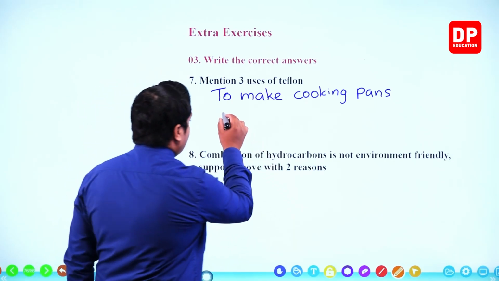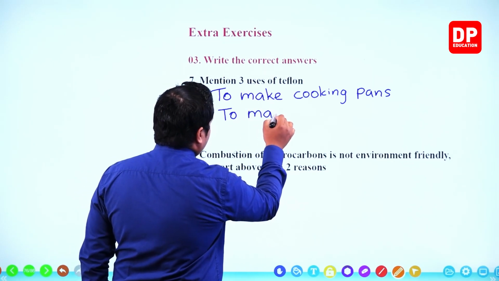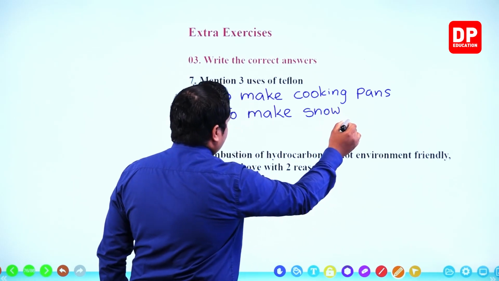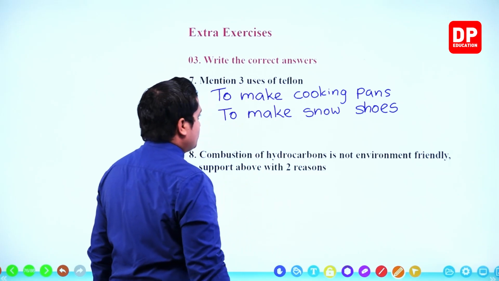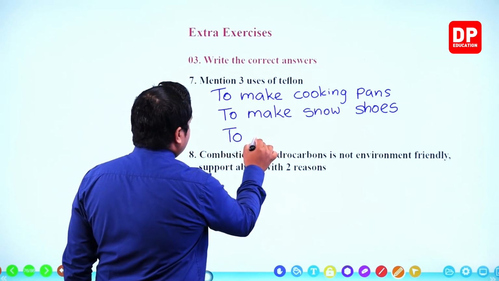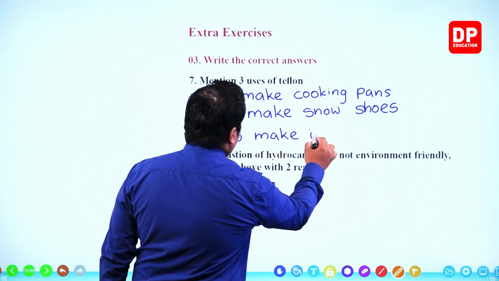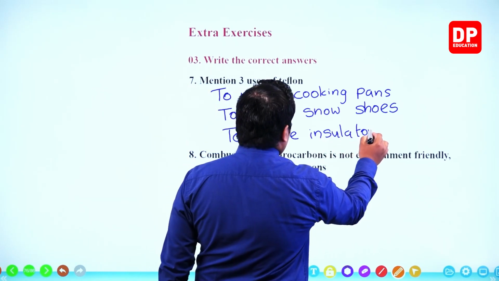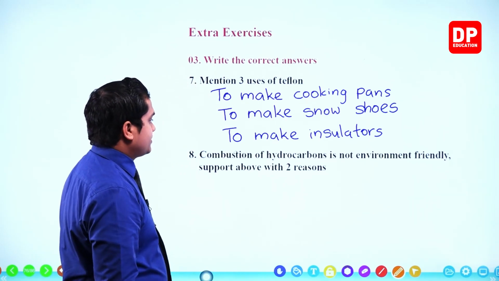Then the next one, snowshoes. To make snowshoes. Then, my dear children, to make insulators. To make insulators also we can use Teflon, right? So these are the uses.